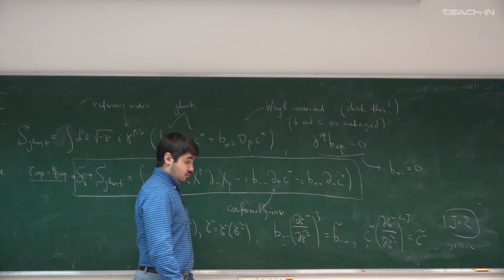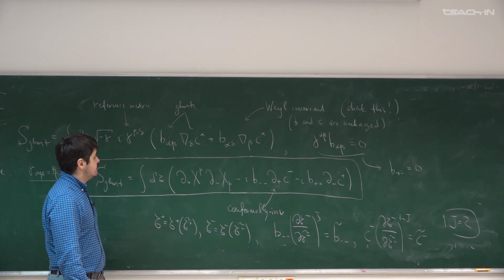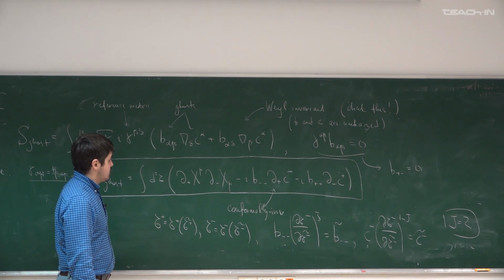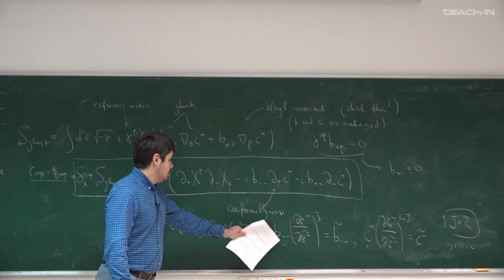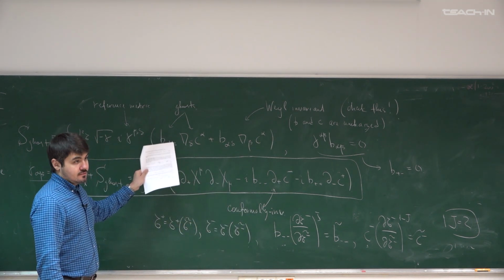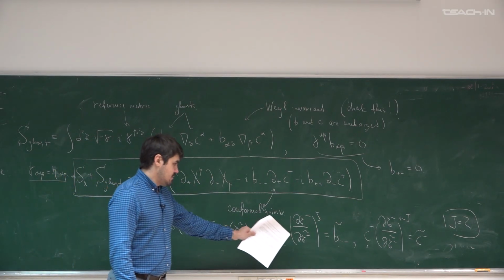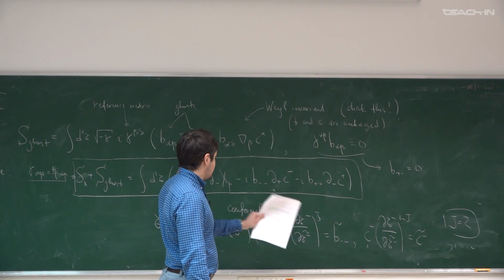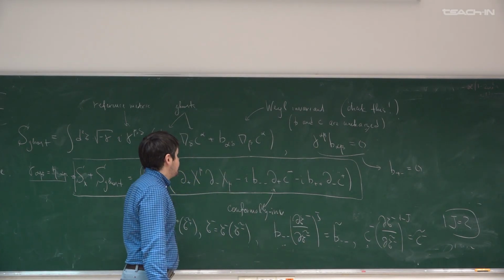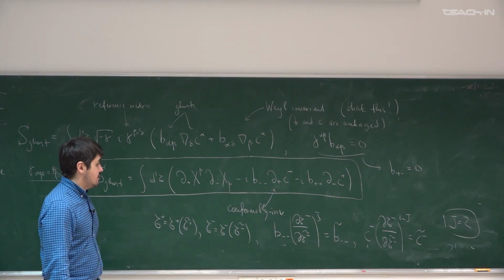The reason J is 2 is that B is a 2 tensor and C is a vector. If J is 2, these are precisely the transformation properties of a 2 tensor and a vector.